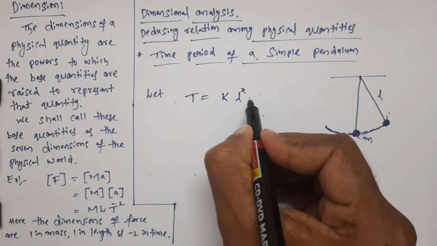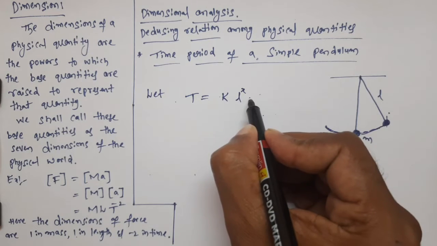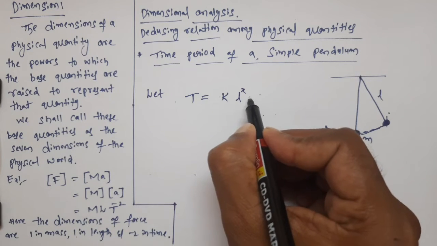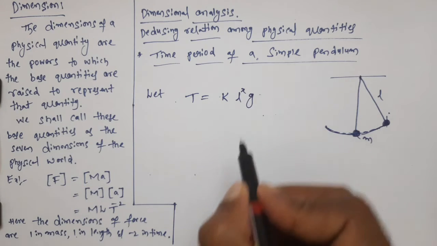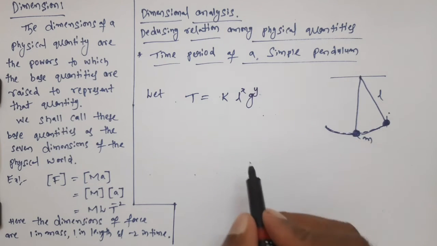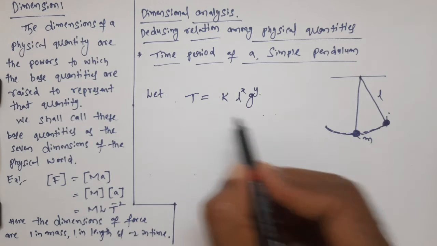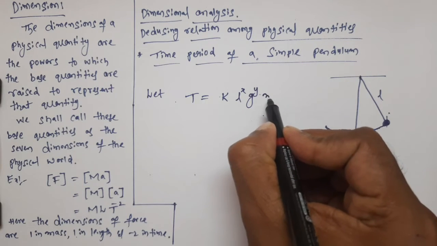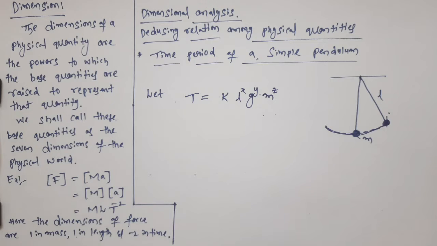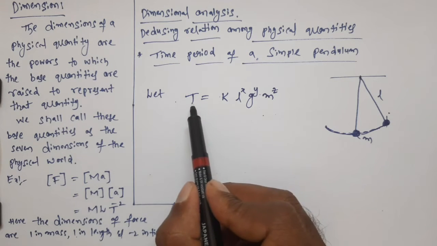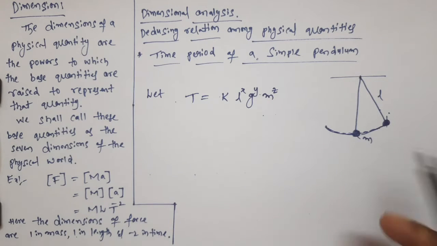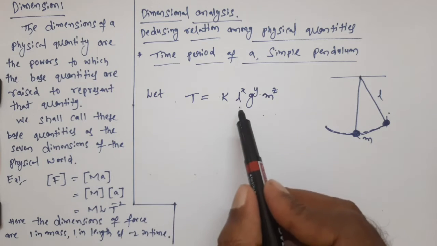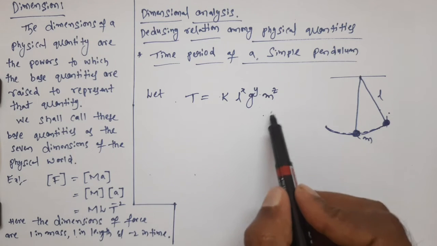I am assuming it also depends on acceleration due to gravity, that is g, so g power y. Let us assume that the time period also depends on m, let's say m power z. We are just assuming here; we don't actually know whether the time period depends on the length of the pendulum, acceleration due to gravity, or mass. But we are assuming that it depends on all three.